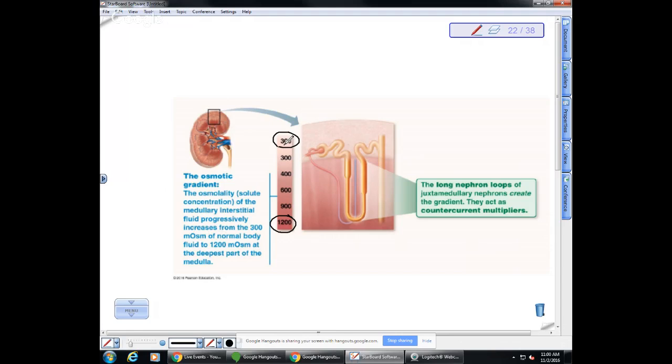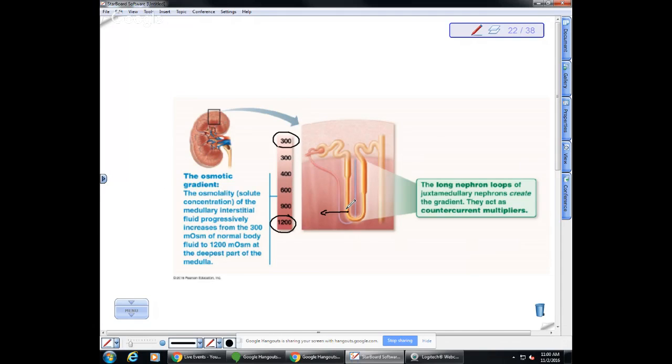What this means is that as water moves out, it's changing the solute concentration inside, but it's still sucking more out because of the difference. So it's a really efficient way of getting the water to leave. Even if the solute concentration is really high down here in the tubule, because it's so high out here, water will even leave down there, and it'll actually make it more concentrated, okay?